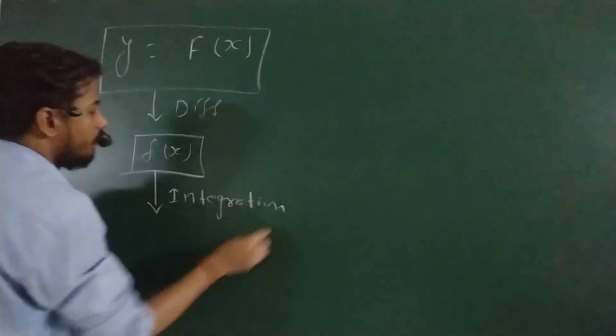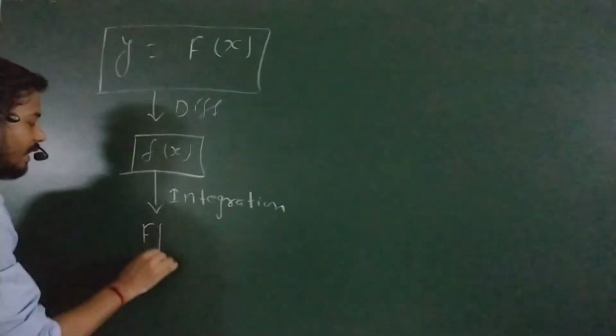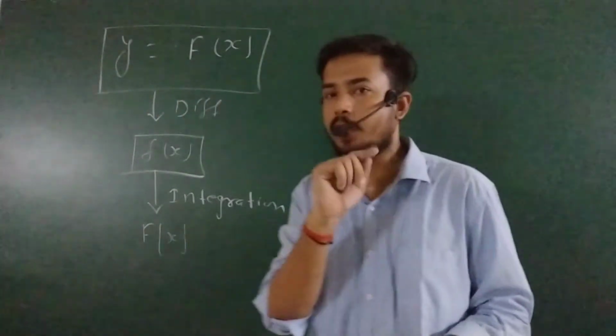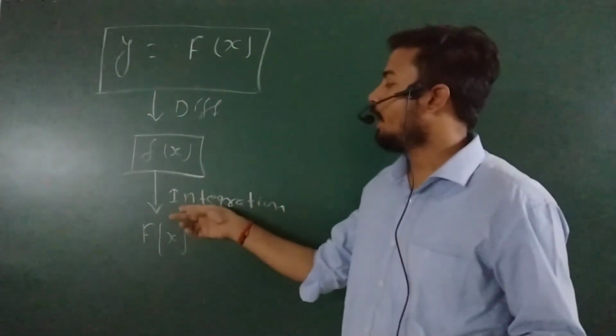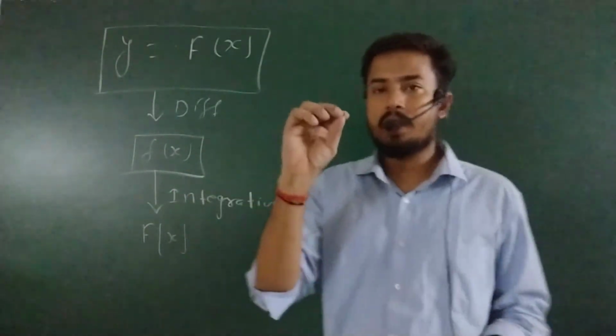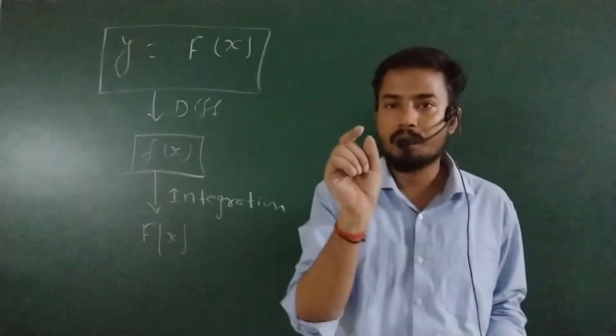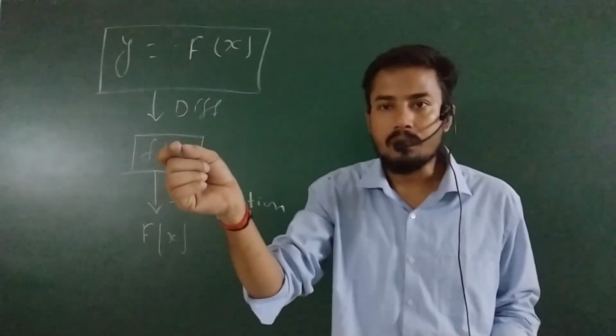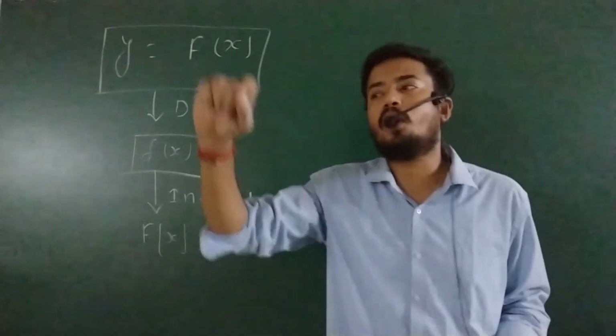Tell me, what should be the result? Sir, the result should be capital F of x. Why? See, I told you integration is the reverse process of differentiation. Just like suppose you have one machine that converts bit to float and another machine that converts float to bit.